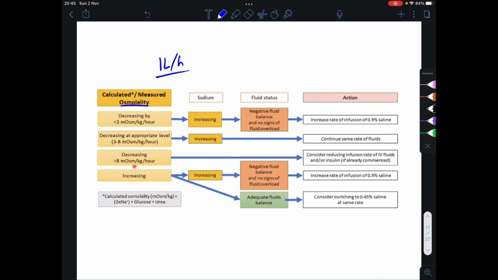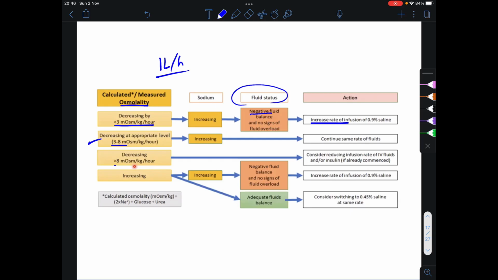If the osmolality is decreasing by less than 3 milliosmoles per kg per hour, you examine the patient's fluid status: you look at the capillary refill, the JVP, the mucosa, skin turgor, and if you see that there are still signs of dehydration and negative fluid balance, then you increase the rate of infusion.